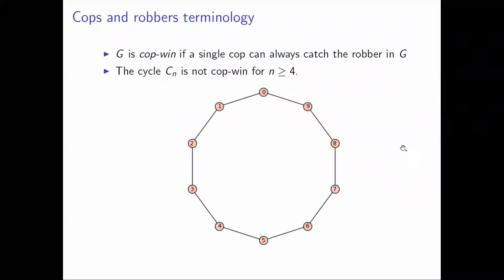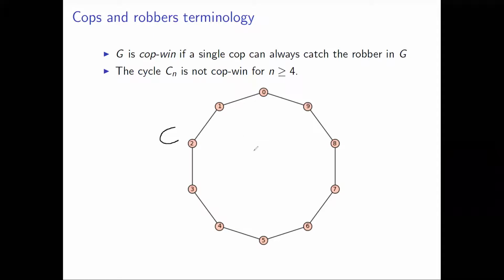Let's look at a graph that's not cop win: the cycle of order at least 4. Let's see why this is not cop win. Suppose the cop places somewhere on the cycle for their initial position. By symmetry, any initial position is the same, so we'll just place the cop right here.